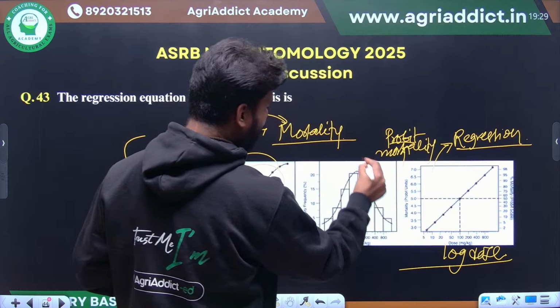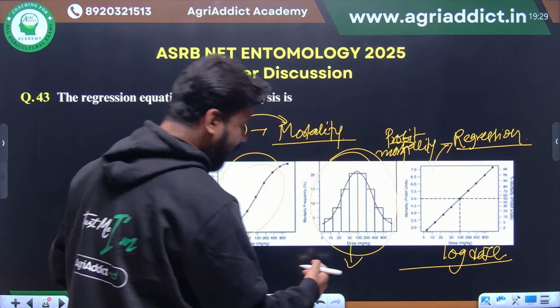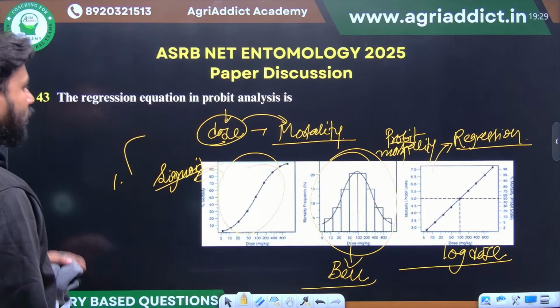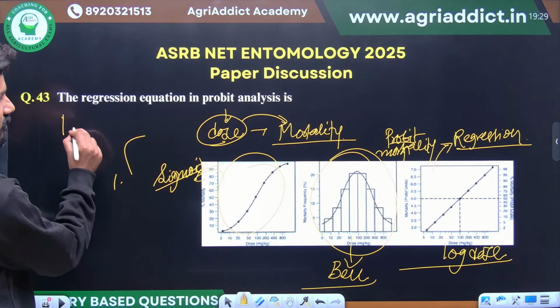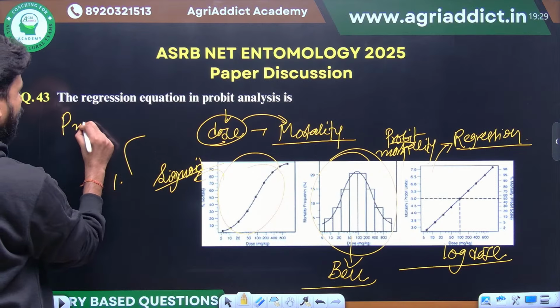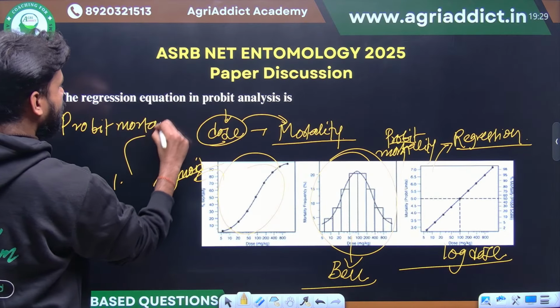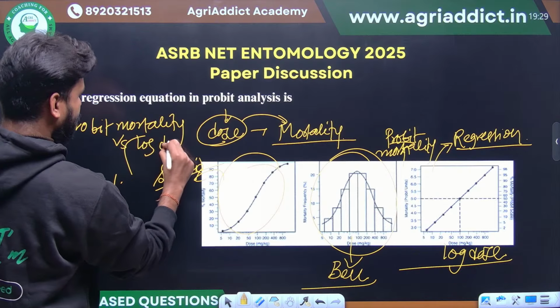And this is the normal distribution curve of any population, that is bell-shaped. So the correct answer for this question will be Probit analysis. The regression equation means Probit mortality versus log dose.